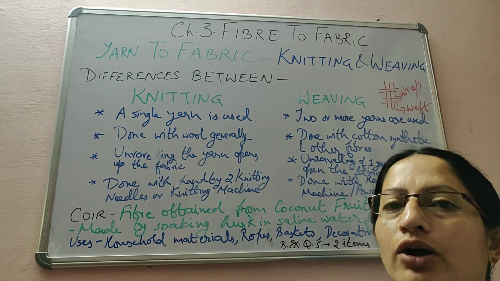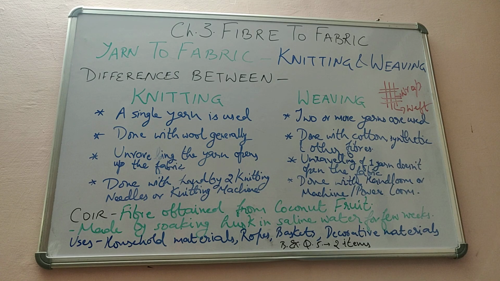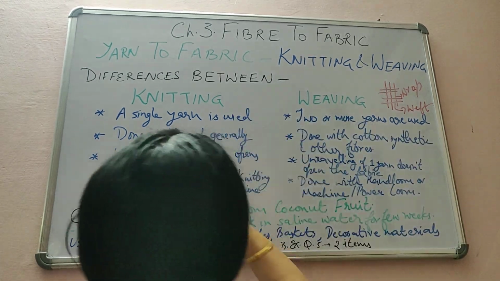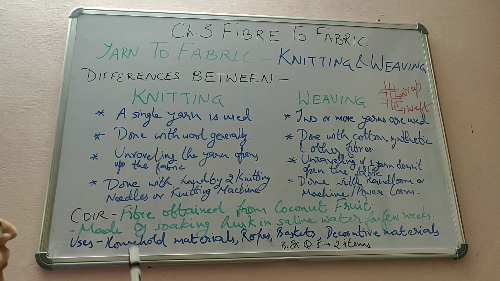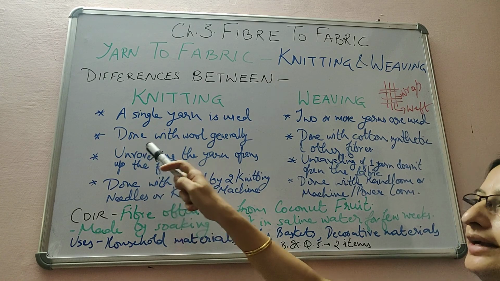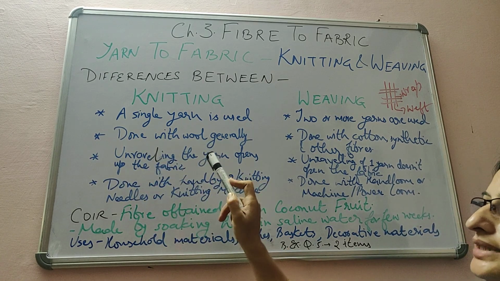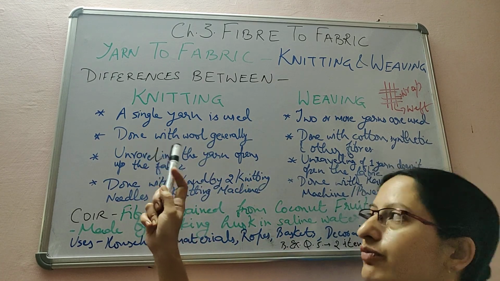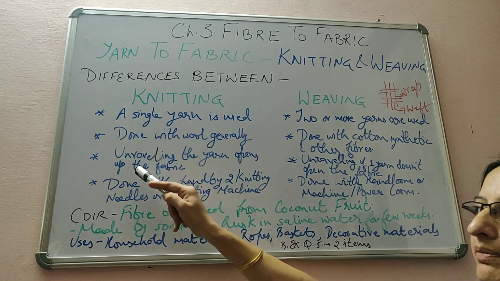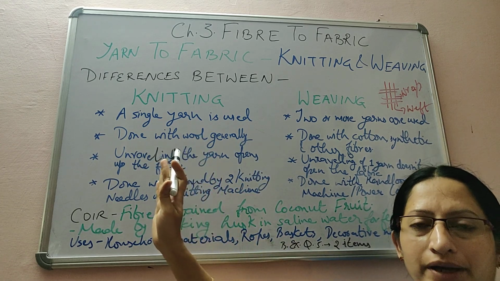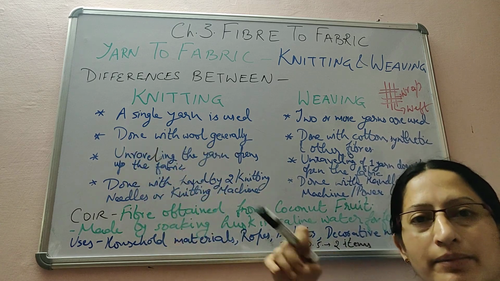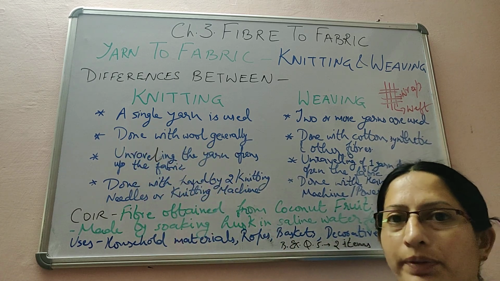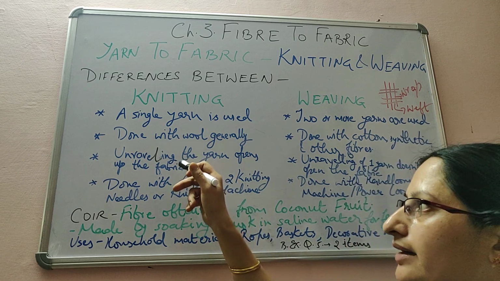So in the unraveling process, the yarn opens up in the fabric. When the yarn is pulled out, the fabric slowly starts coming out, and the full fabric can be opened up by just pulling out one yarn.